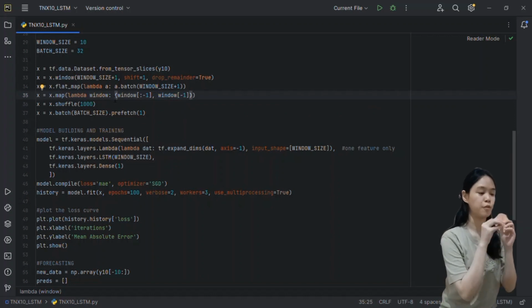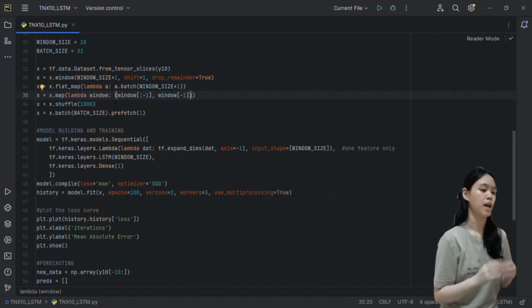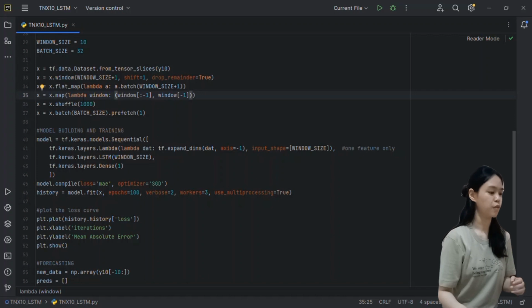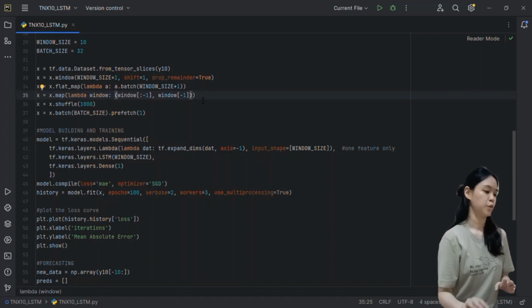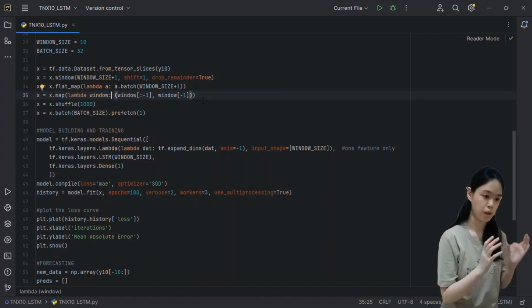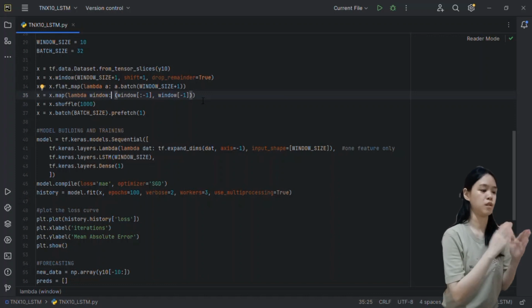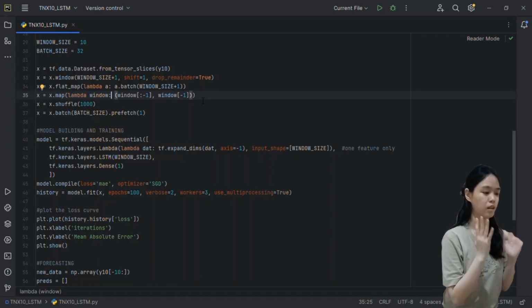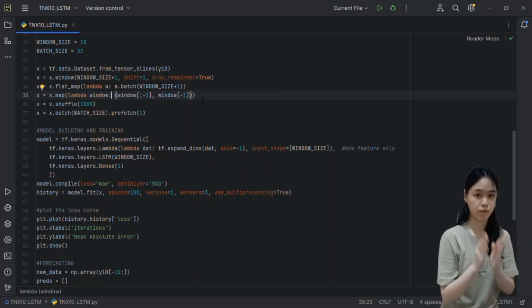We do that function to every single row, and what we get from line 35 would be a matrix of inputs, several rows times 10 columns, and then a vector of outputs.